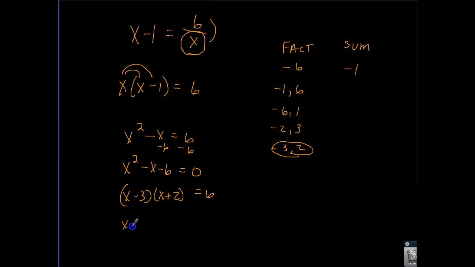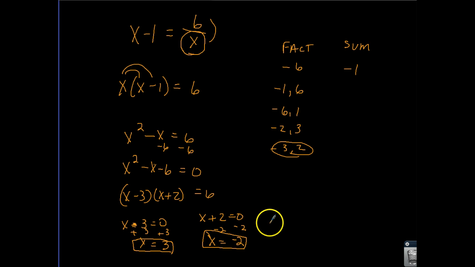So set those equal to 0. Oops, that should be negative 3. So let's add 3 to both sides. I forget about doing this. X is either 3 or, oops, subtract 2. So they intersect where x is 3 and y is 2.